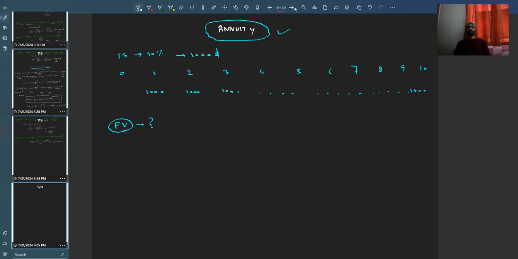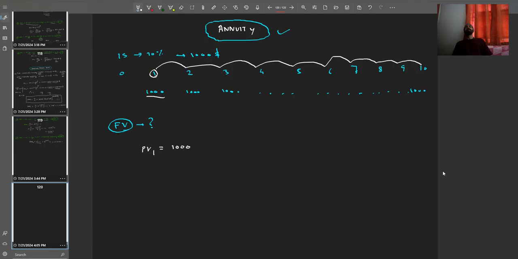Now the investment that you make at year 1, let's call it PV1. This is equal to $1,000. So this year 1 investment compounds how many times? 1, 2, 3, 4, 5, 6, 7, 8, 9.